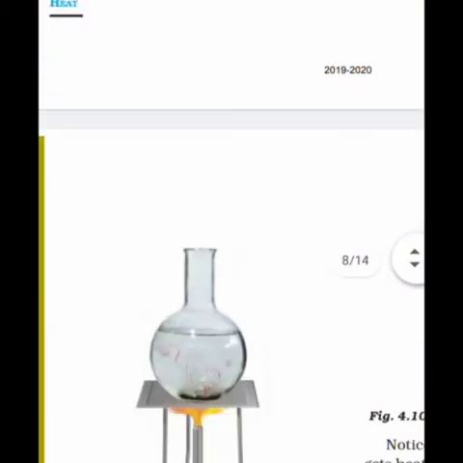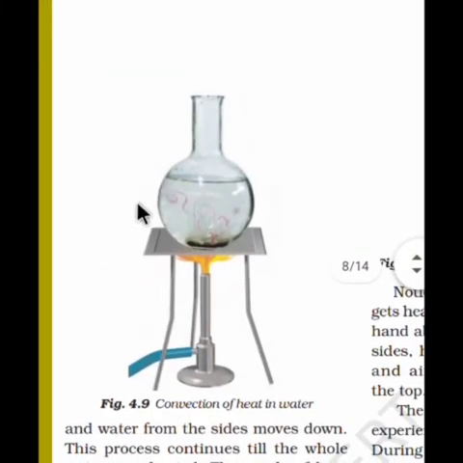What you have to do in this activity is take one flask and fill it with water. With the help of a burner or candle, you can heat it, and place the water-filled round bottom flask on the tripod stand, or such an arrangement under which the candle can be placed. Then, with the help of a straw, put the crystal of potassium permanganate at the bottom of the flask in such a way that the water will not get disturbed.